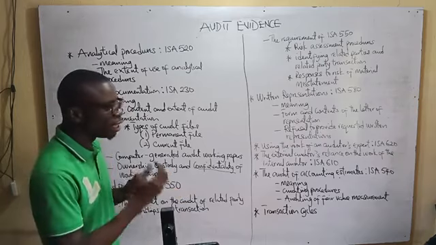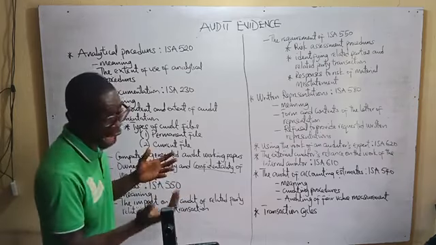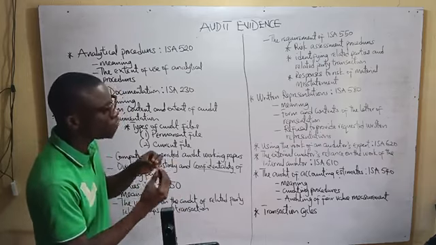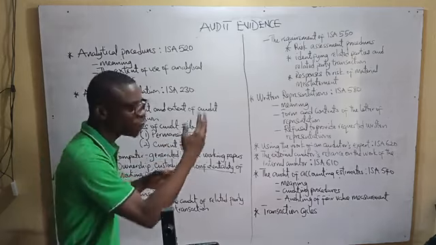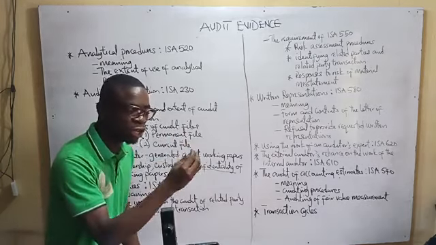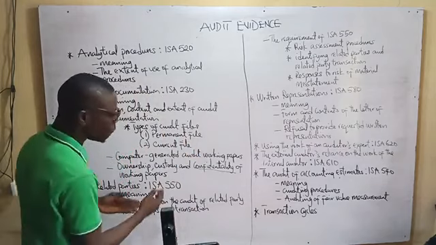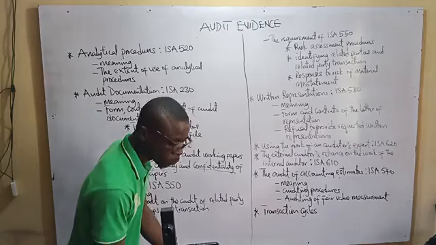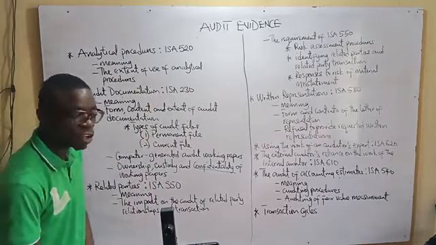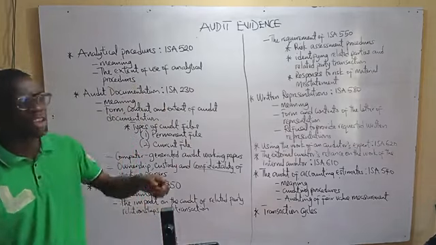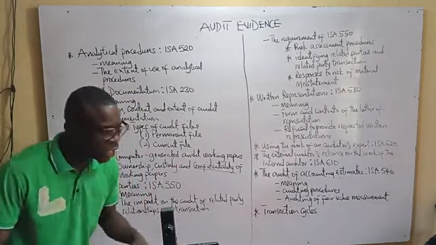IAS 2. IAS 2 says that inventory should be measured at the lower of cost and net realizable value. So if they don't measure it at the lower of cost and net realizable value, that means there is misstatement.